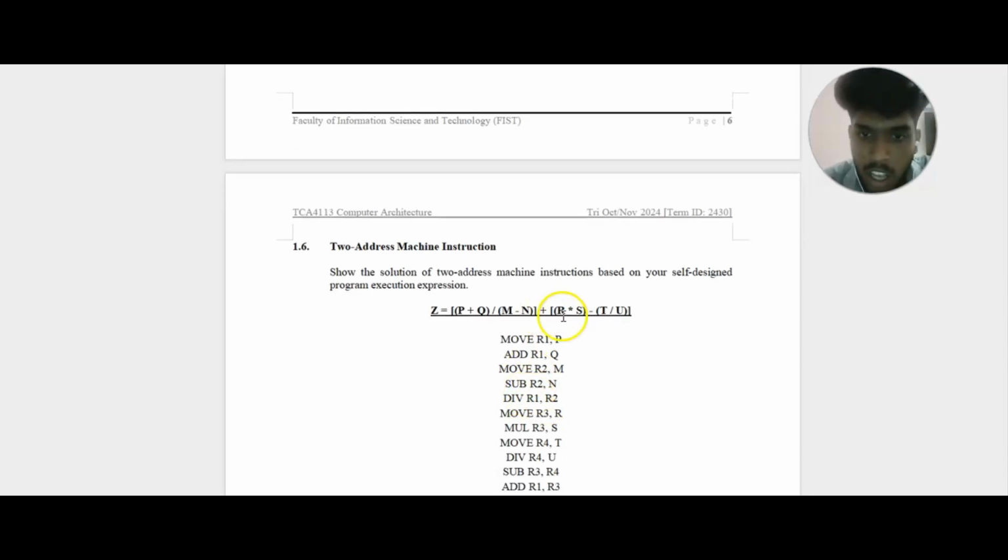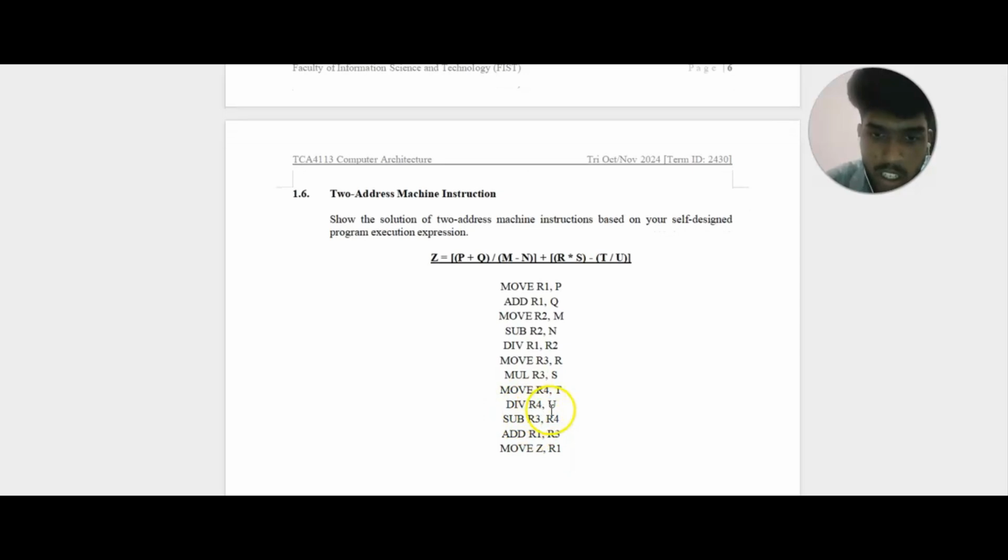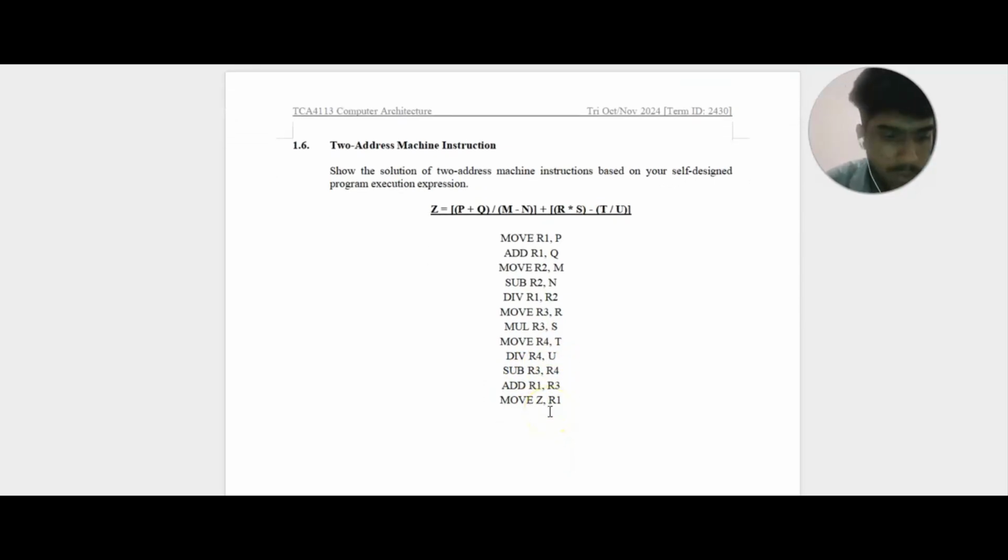For the second part, R multiplied by S and subtract T divided by U: move R3, R, which means move R to register R3, then multiply R3, S, which means multiply R3 by S, and then move R4, T, which means move T to register R4, then divide R4, U, divide R4 by U. Then subtract R3, R4, like subtract R4 from R3.